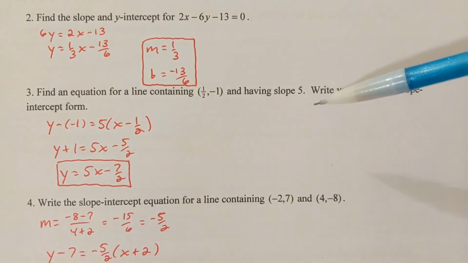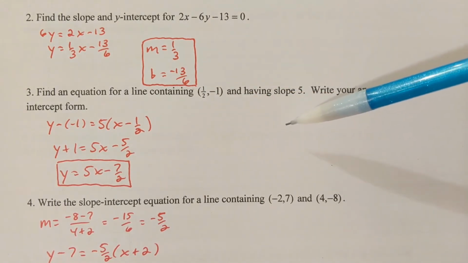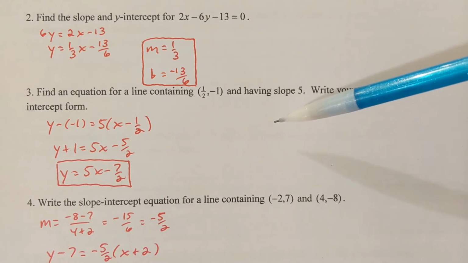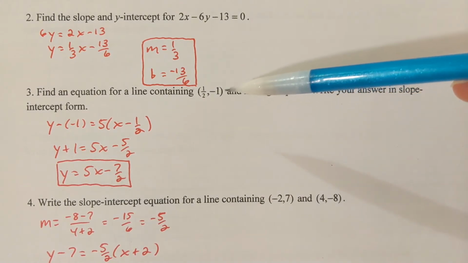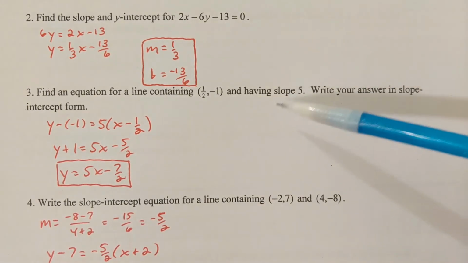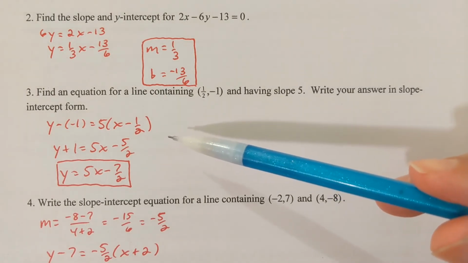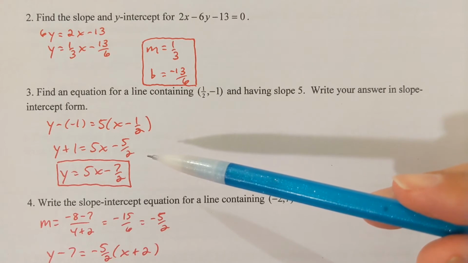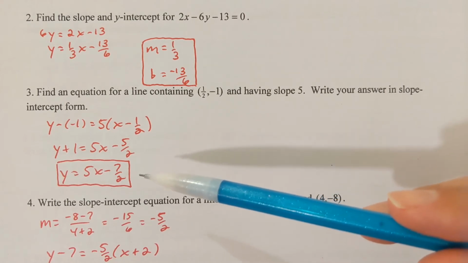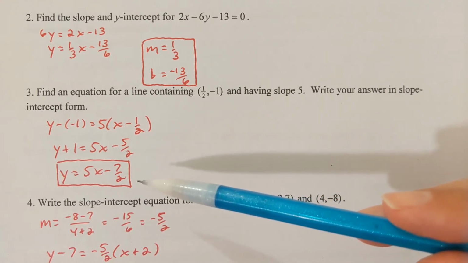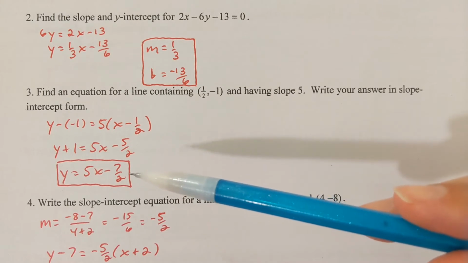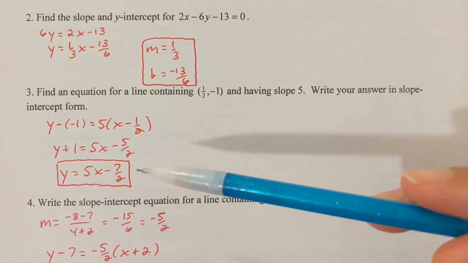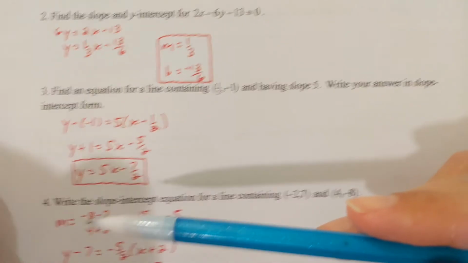So if I use the point-slope form, y minus negative 1 equals the slope, which is 5, times x minus 1/2, or y plus 1 equals 5x minus 5/2. Subtract 1 from both sides. y equals 5x minus 7/2 is the answer.